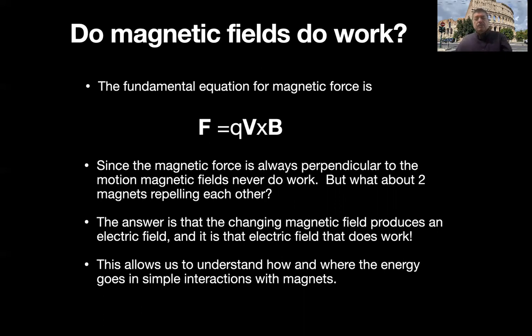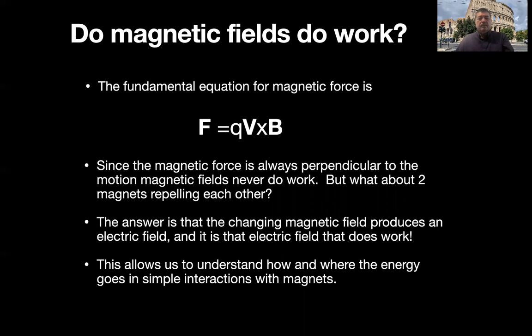Well, the answer is that when you change the magnetic field, it produces an electric field, and it's the electric field that actually does work. All of the changing magnetic fields are producing electric fields, and the electric fields are the ones that are actually involved in the conversion of energy.